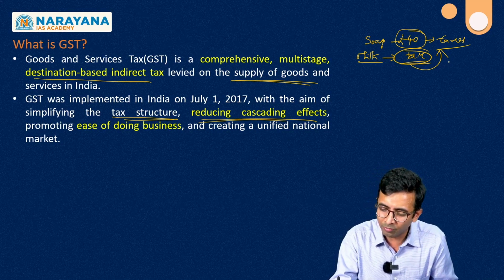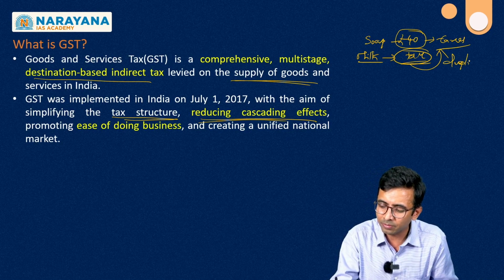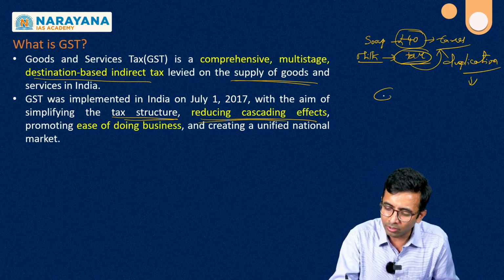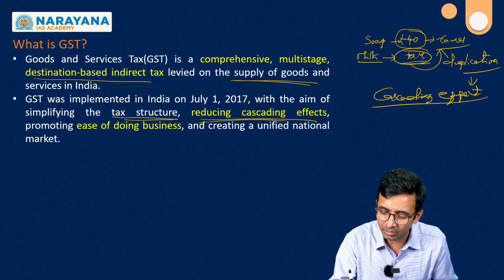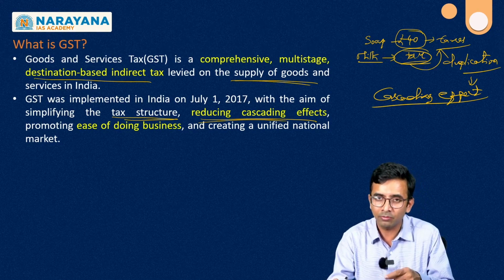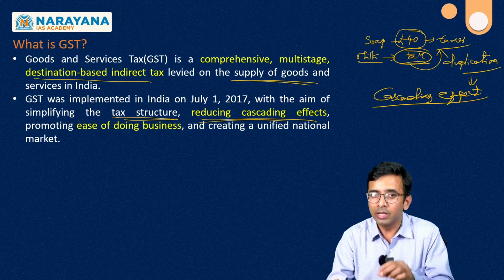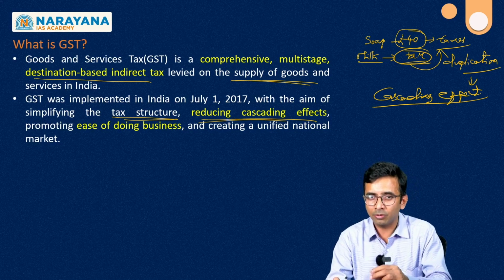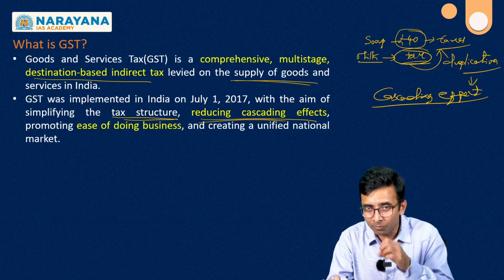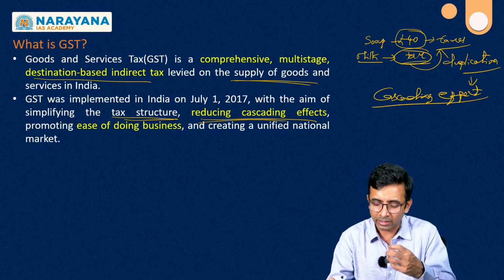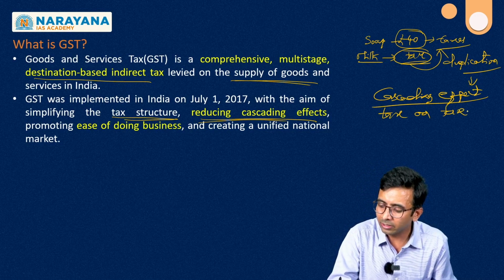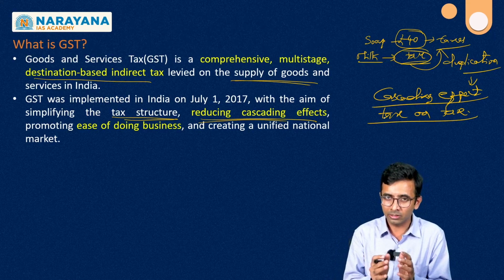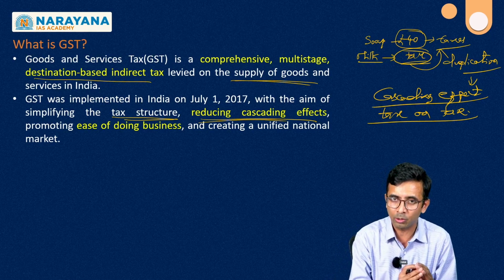This is what is referred to as duplication of tax, or the cascading effect. Because the tax that the manufacturer has paid is part of this maximum retail price, the tax that I am paying as part of this price involves even the tax on the tax. So the cascading effect is in fact tax on tax. It is this that we want to avoid through this particular taxation.